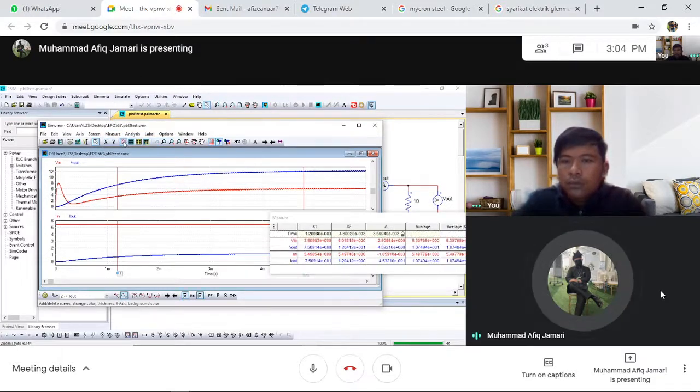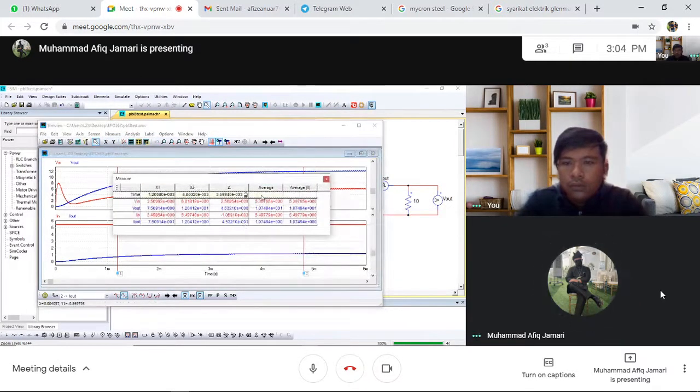It gives out the average values. In our experiment, we are testing the irradiance from 100 irradiance with 28 degree temperature until 1200 irradiance and 68 degree temperature. That's it from the simulation.